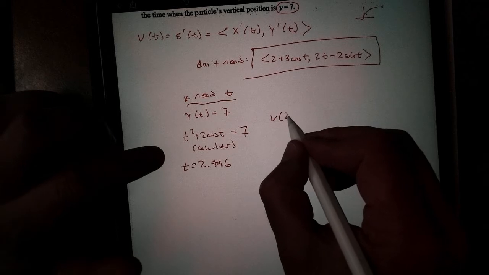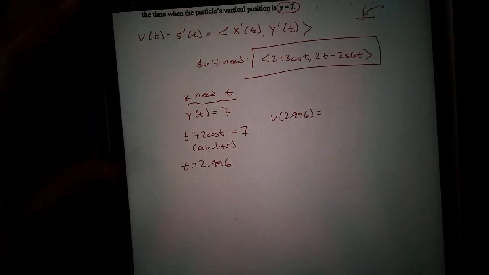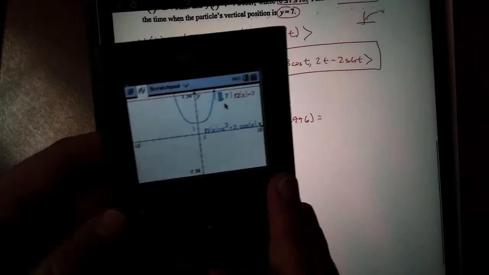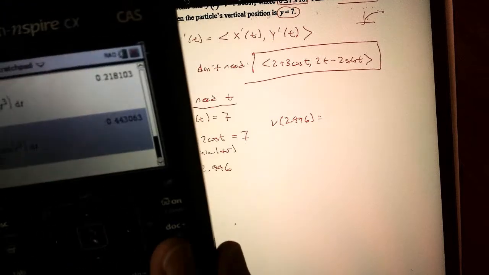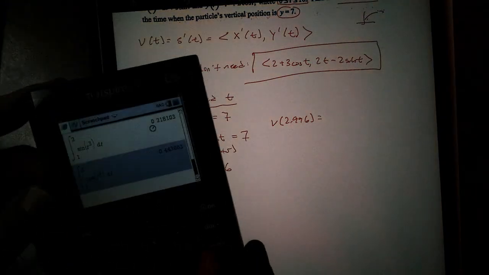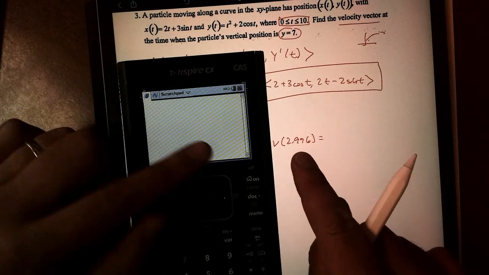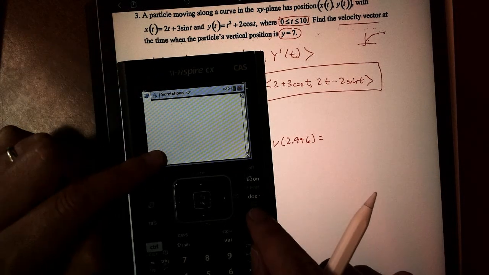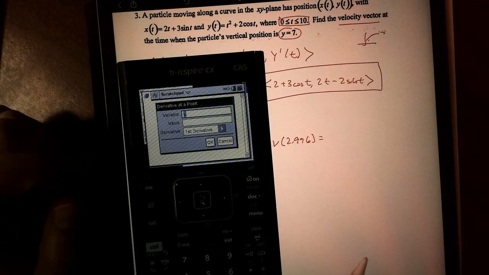V of 2.996. Now again, I'm going to use my calculator for this, but I'm going to go to the home screen. Let me clear this all out. So there's my equations, and I'm going to look for their derivatives. Go Menu, Calculus, and I'm looking at the derivative at a point.